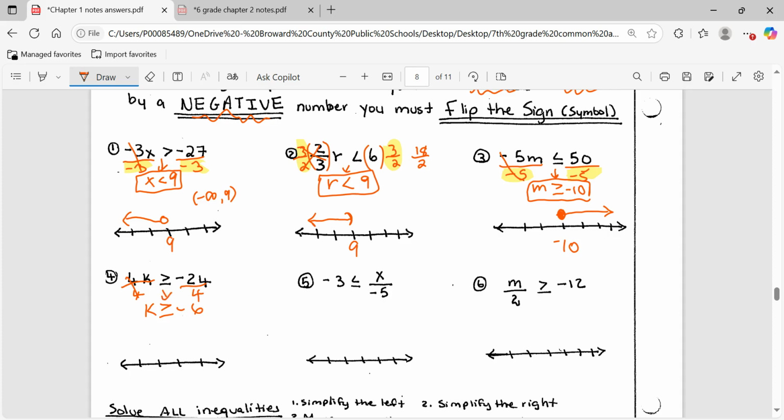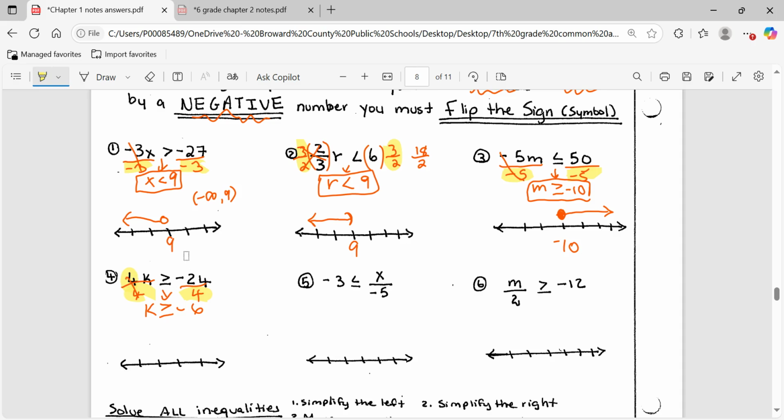No. So you must say, but Miss Reed, this was a negative 24. Why didn't we flip the sign? I did not flip the sign because the number I divided by was a positive number. I divided by positive 4. So it really matters whether the coefficient on the k is positive or negative. That's when I would flip the sign.